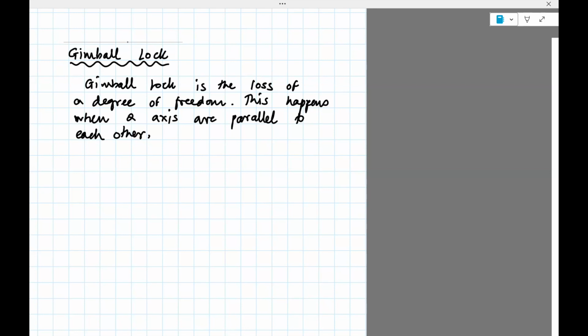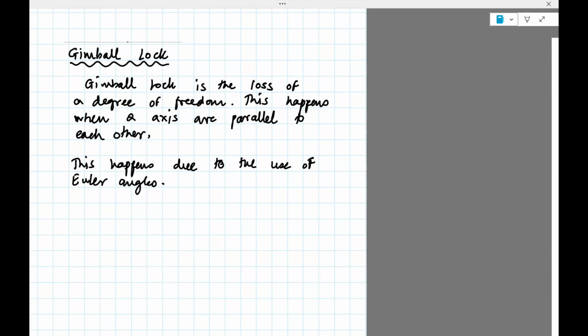Now, you should remember that this is not a real phenomenon in the sense that in reality there's no lock, but the choice of Euler angles leads to the lock. So this happens due to the use of Euler angles.